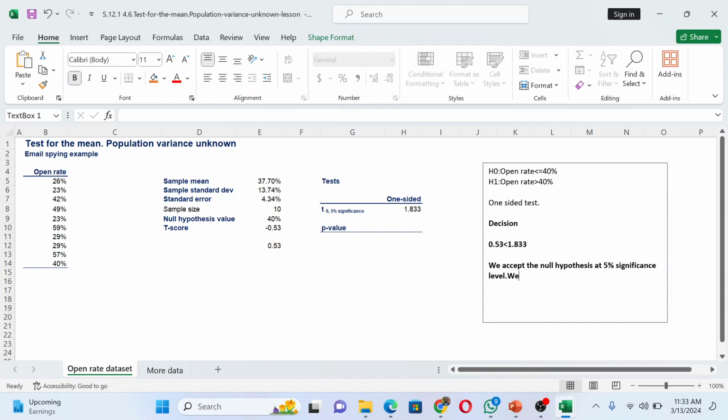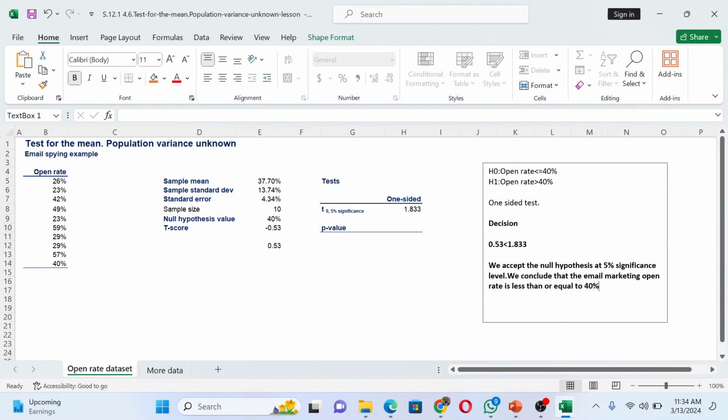So we conclude that the email marketing open rate is less than or equal to 40%.